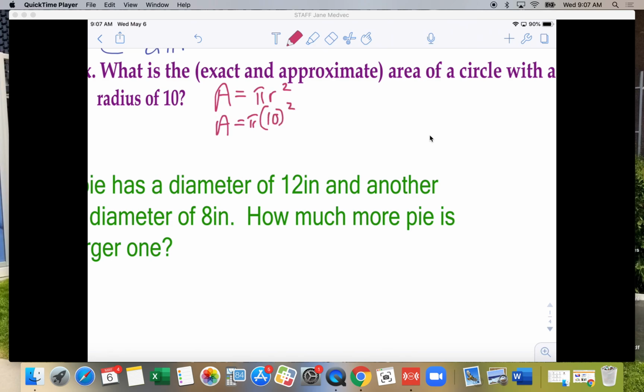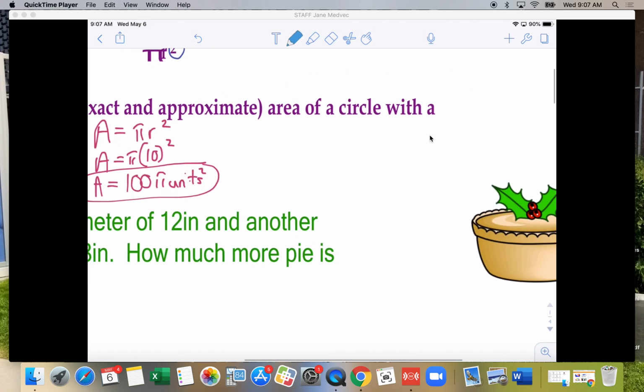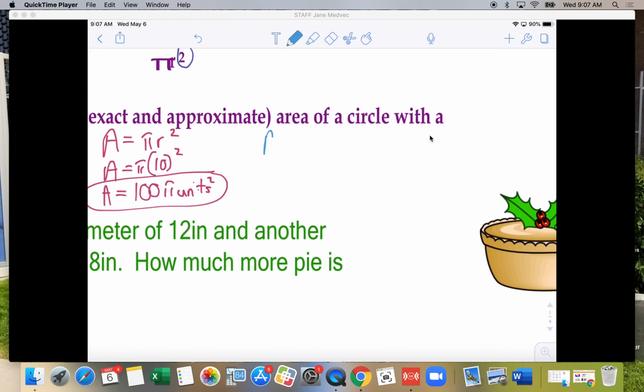Now here's the difference between exact and approximate. If I am doing the exact, which is what this is, I would just go 100 pi, units squared. That's the exact. If I am going to do the approximate, I'd set it up the same.